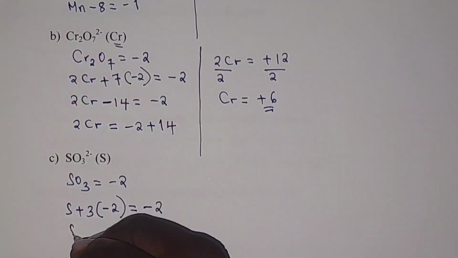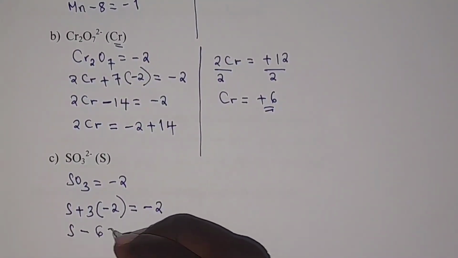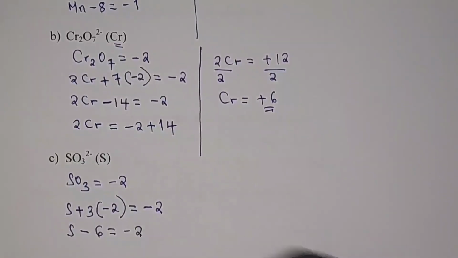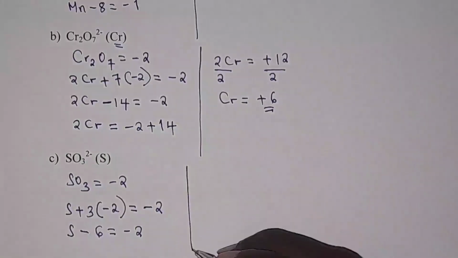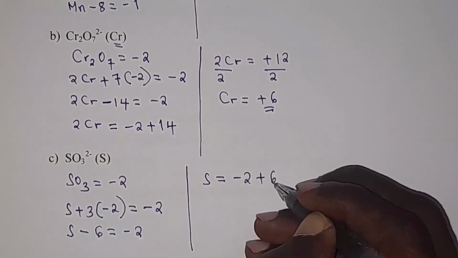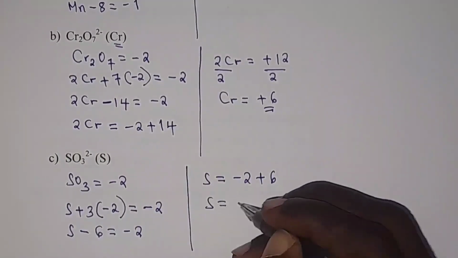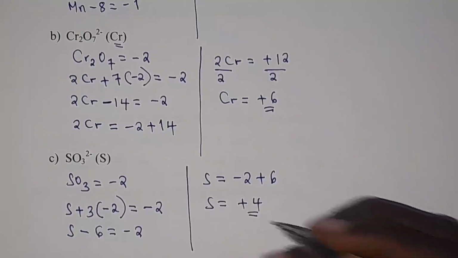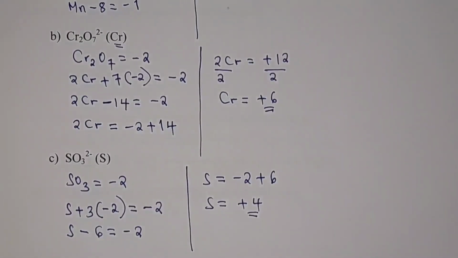So we're going to remove the bracket, S minus 6 will be equal to negative 2. So that means next step we are going to say S will be equal to negative 2 plus 6. Then S will be equal to positive 4. So this one was known as sulfate 4 ions or sulfite ions.